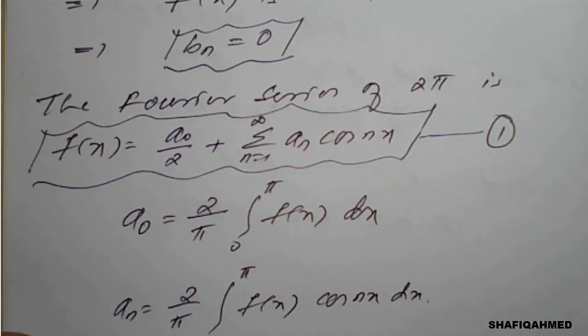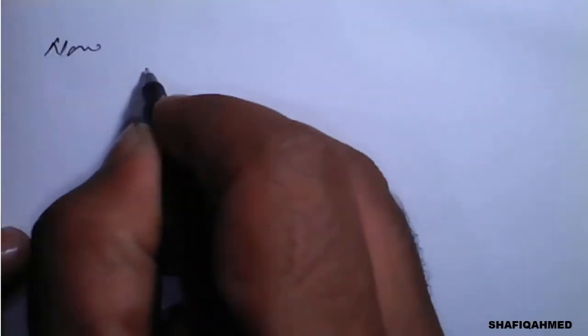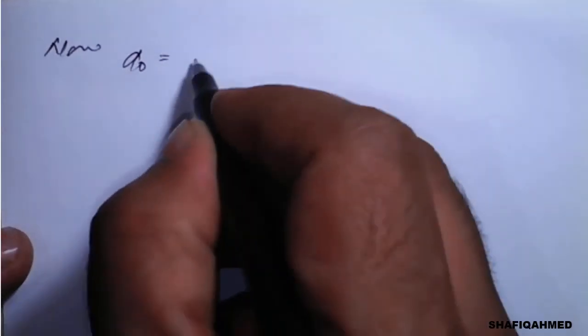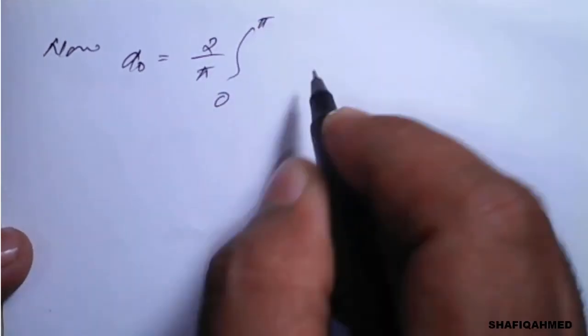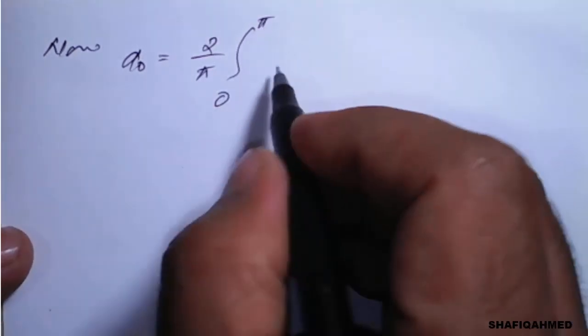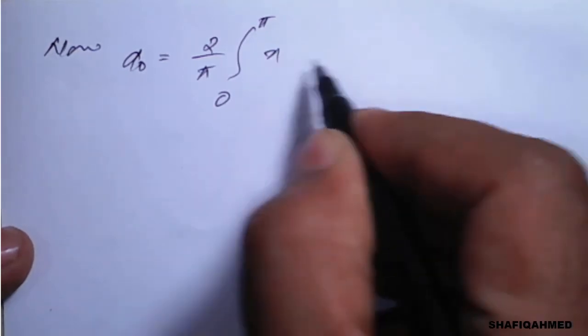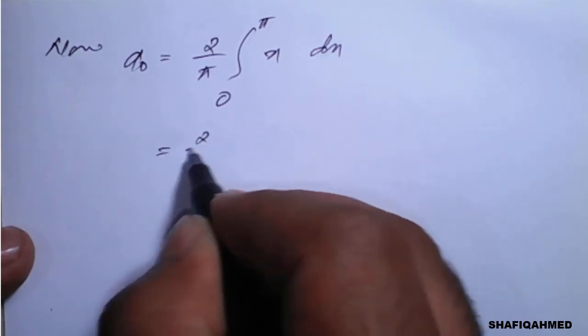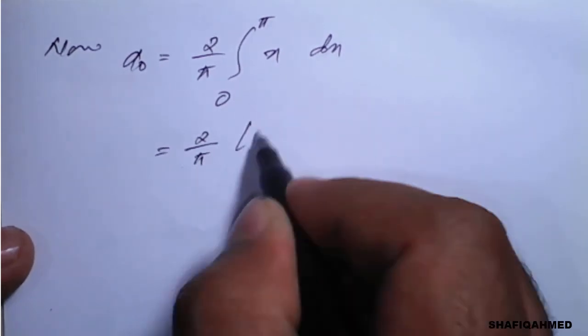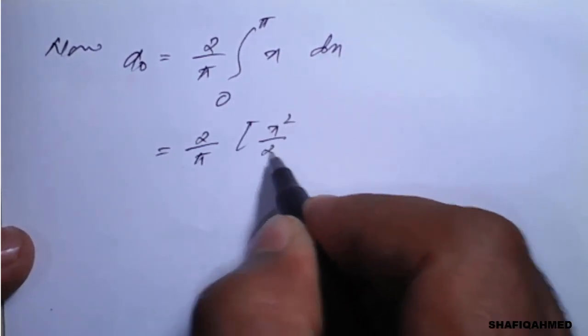Now we'll see the value of a naught. a naught is nothing but 2 upon pi integration 0 to pi; for 0 to pi, the function f of x is x, into dx. So that is 2 upon pi, and integration of x is x square upon 2.